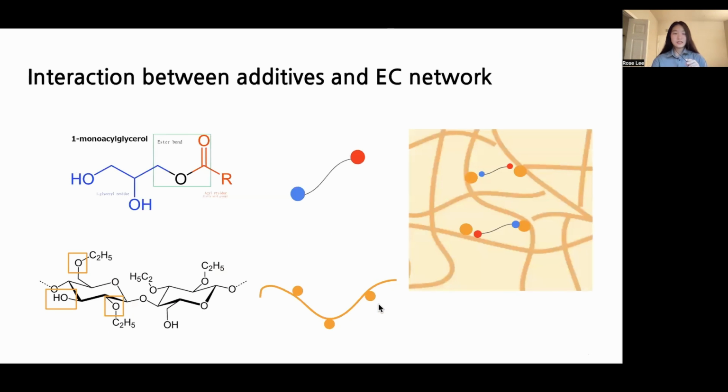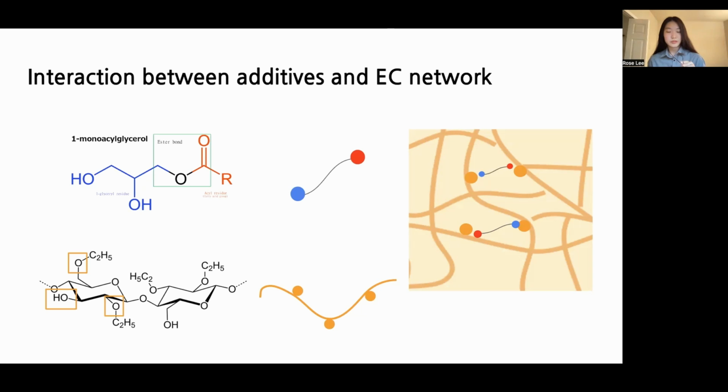We usually add surfactants. They have partially polar regions and non-polar regions. They can go in between the EC chains because EC is a polymer, so they're much, much bigger than these small surfactants.